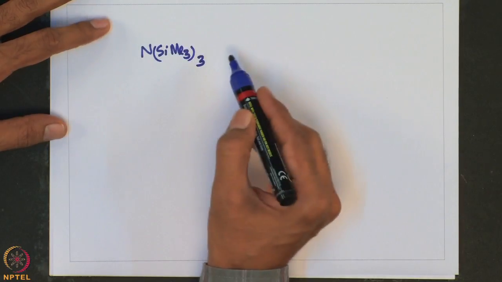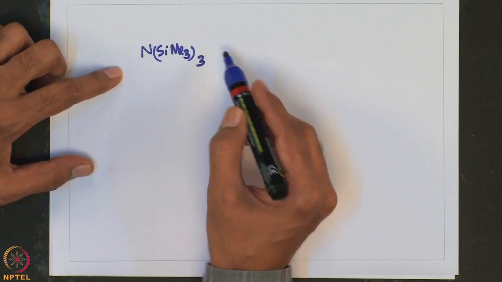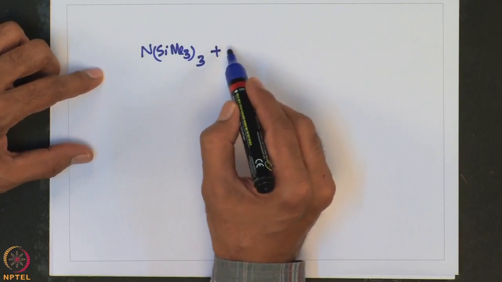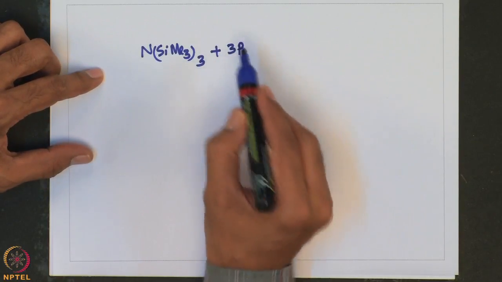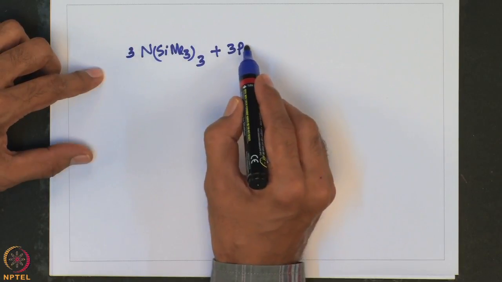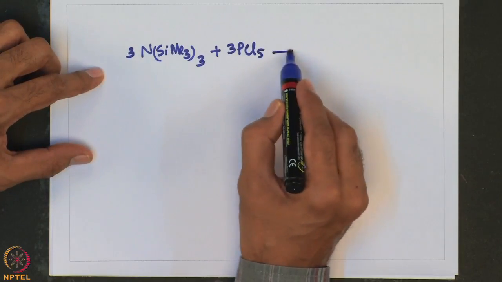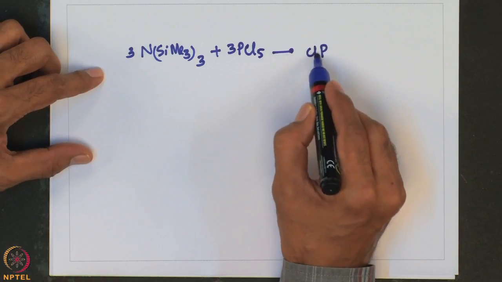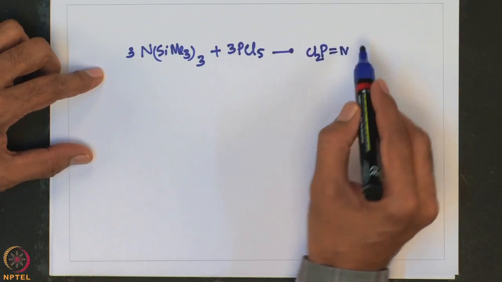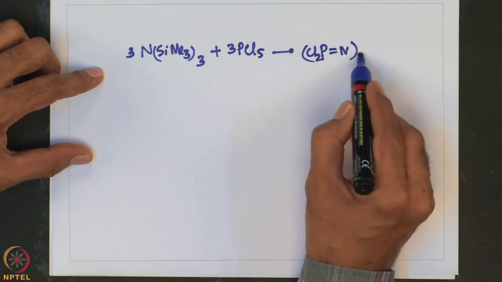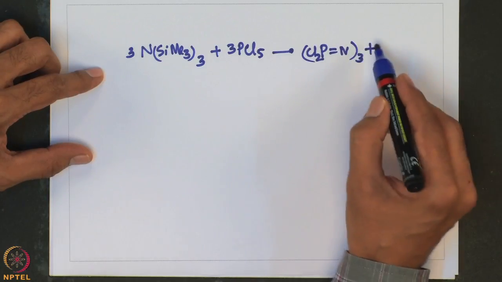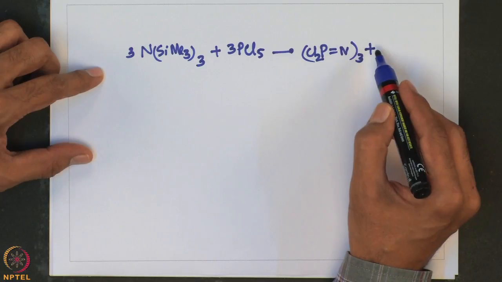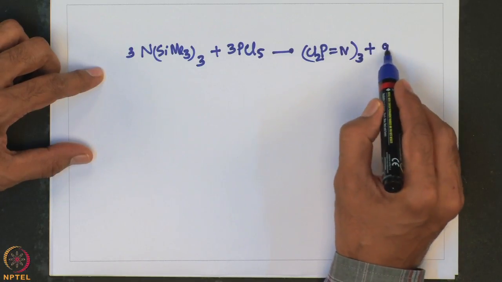Improved yields of cyclic triphosphazene involve this reaction, that is, reacting tris(trimethylsilyl)amine with PCl5. Of course, here we get trimethylsilyl chloride as the side product.